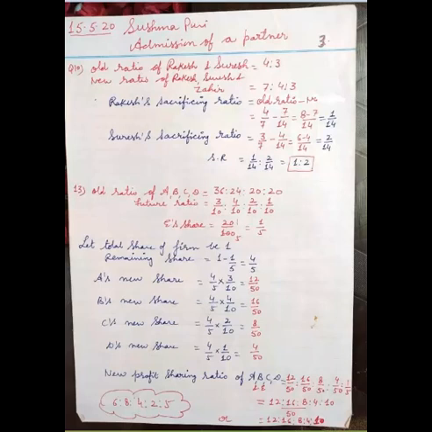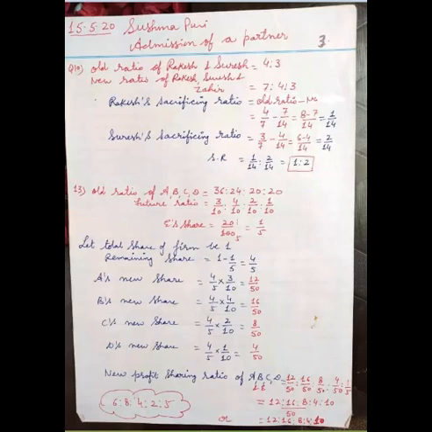Suresh's sacrificing ratio is old minus new: 3/7 minus 4/14 is equal to 2/14. So the sacrifice ratio of Rakesh and Suresh is 1:2. They are sacrificing in favor of the new partner in the ratio 1:2.